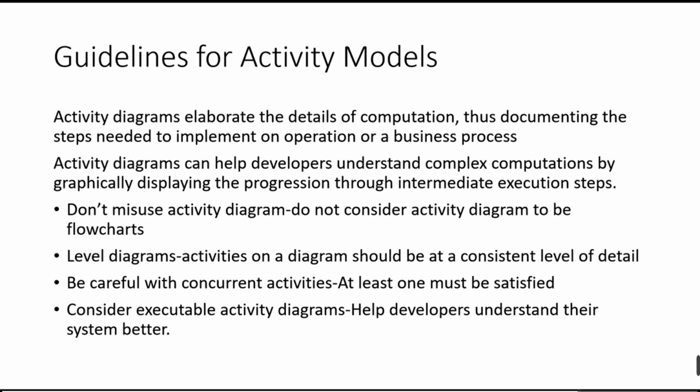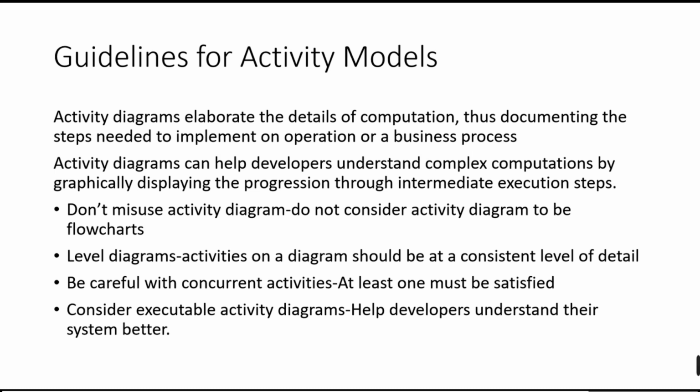And the activity diagram can help developers understand this kind of complex computation process by graphically displaying the progress through intermediate execution steps. It means that through all of these intermediate activities and the sequence of these activities, we can understand it better. Here are some tips.